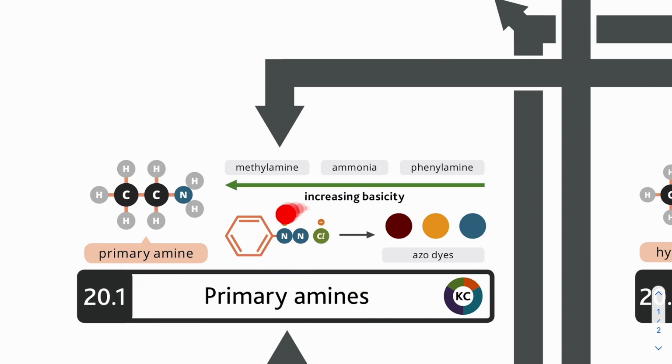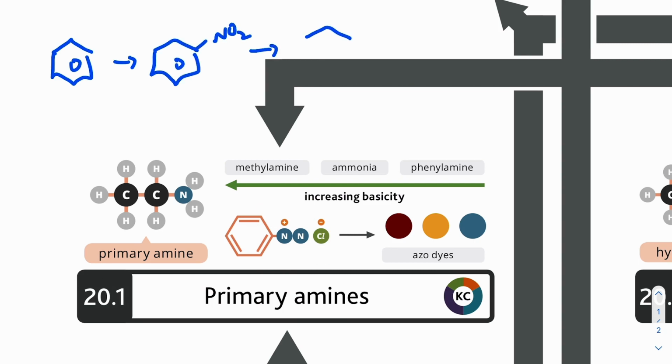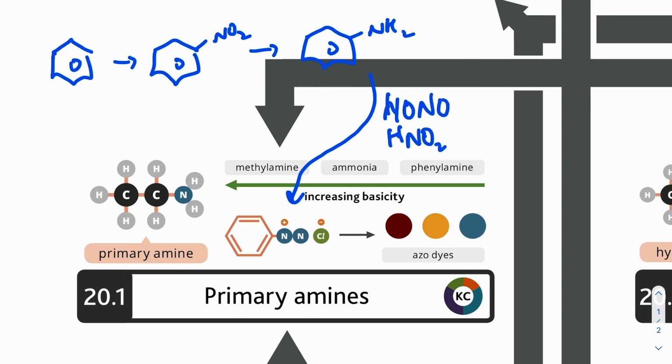So to get to diazonium, that is quite a key component. One of the key reactions is you start from benzene, you form nitro, you reduce the nitro, and you form amine, and then you can go from there to there by using HONO, or what some books write as HNO2.